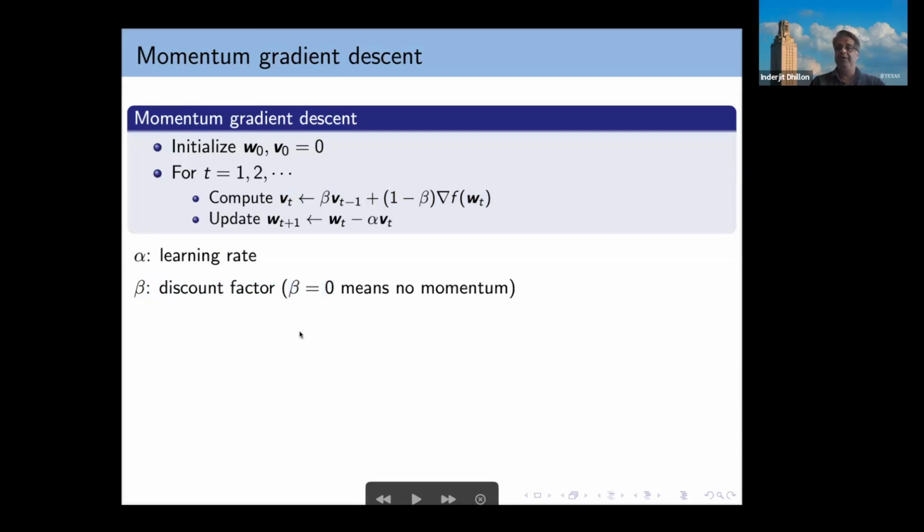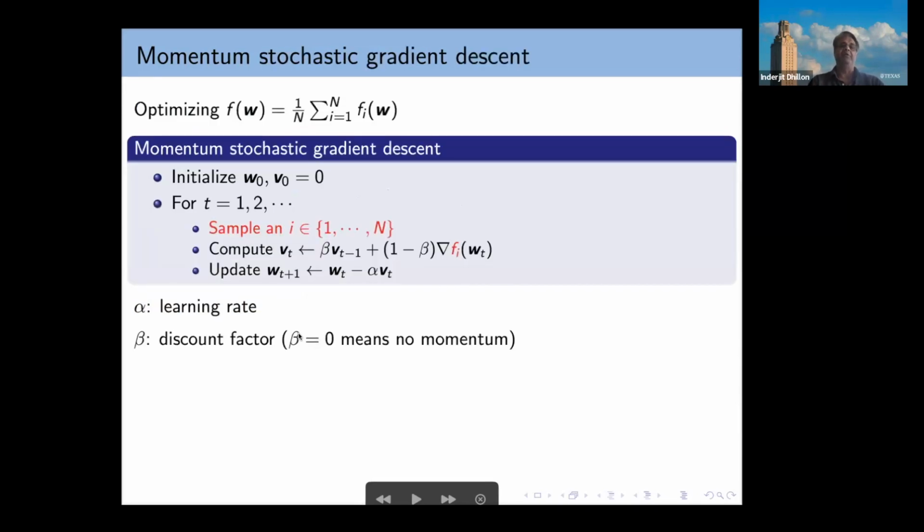But like we said, we can't really use gradient descent or momentum gradient descent for large data sets. If you're optimizing the sum of these losses, then you can take stochastic gradient descent and get a momentum version of that method. That's not hard. All you need to do is iterate over the steps.